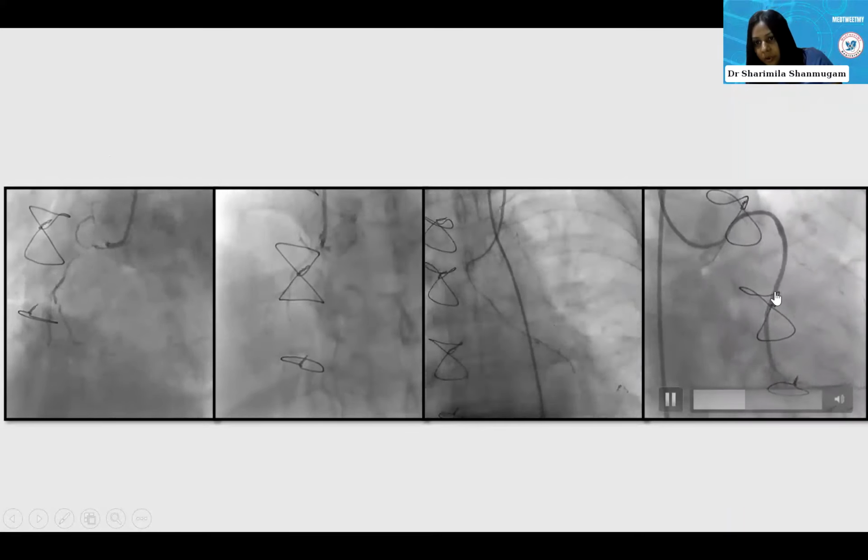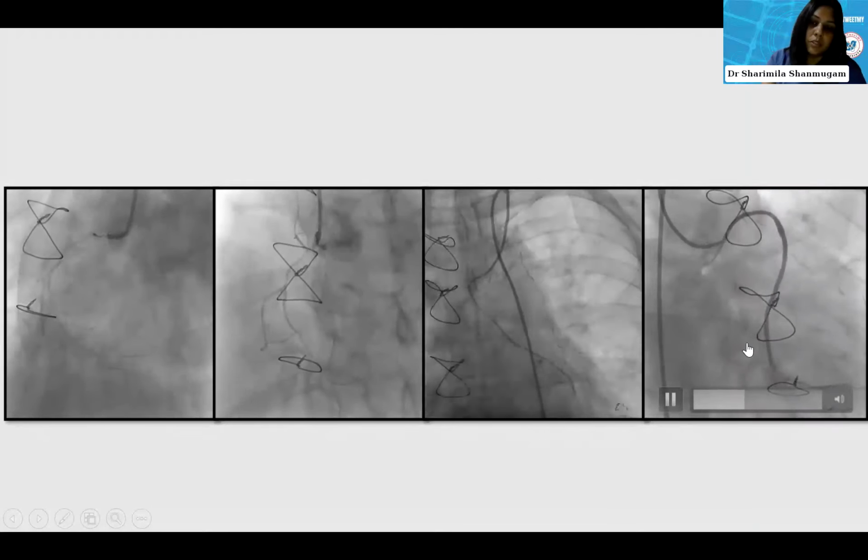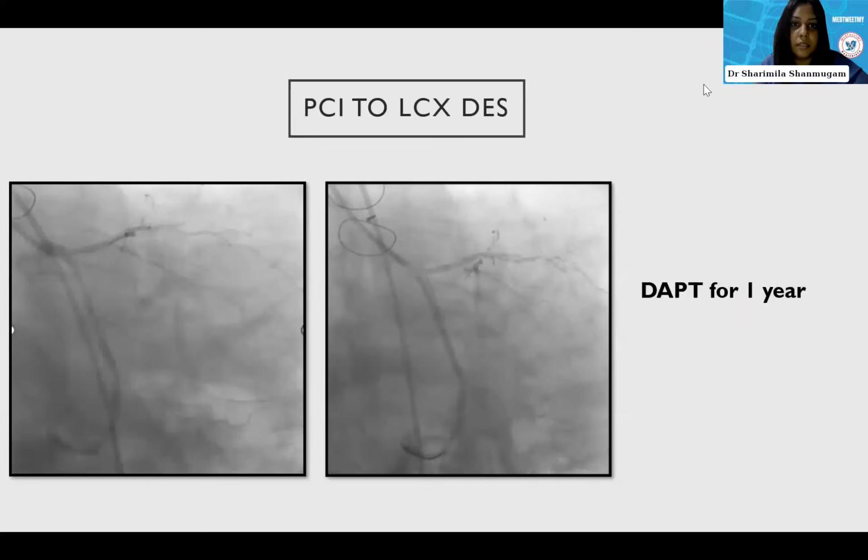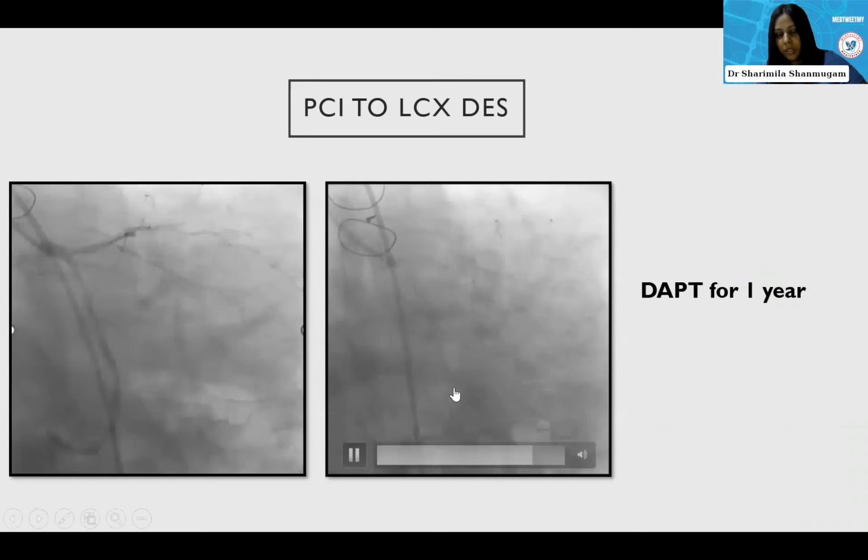And this is the patency of the OM branch graft. So the circumflex now is not being supplied. So that's why we decided to revascularize the circumflex with a drug-eluting stent. Yeah, very nice, as you can see here proximally. Okay, and we decided for dual antiplatelet therapy for 1 year.